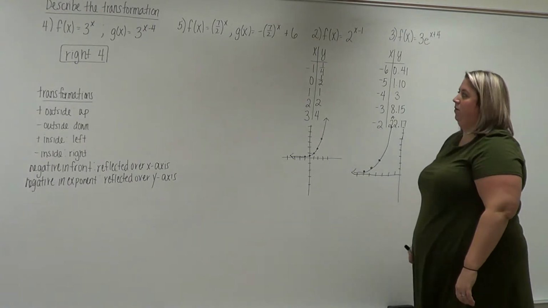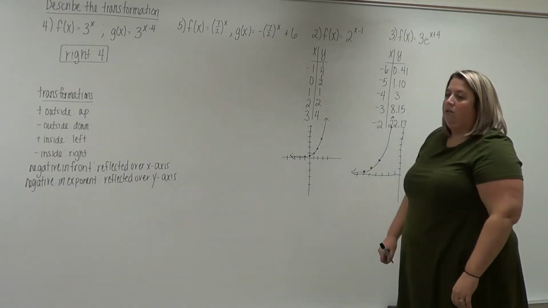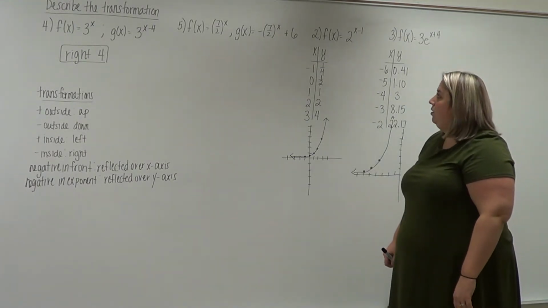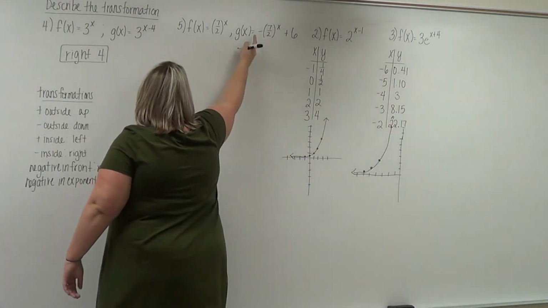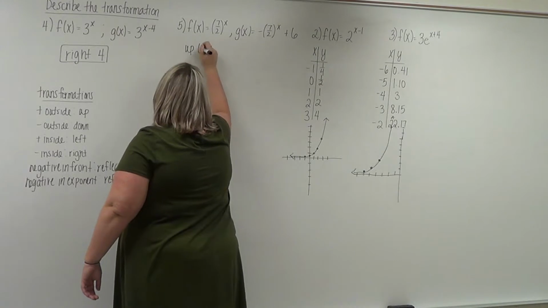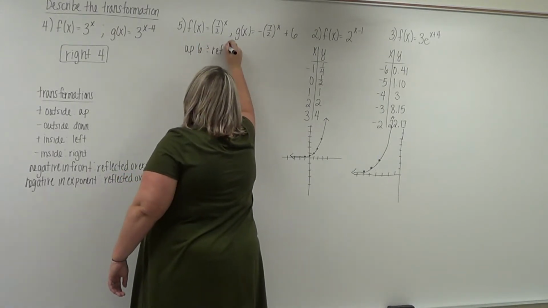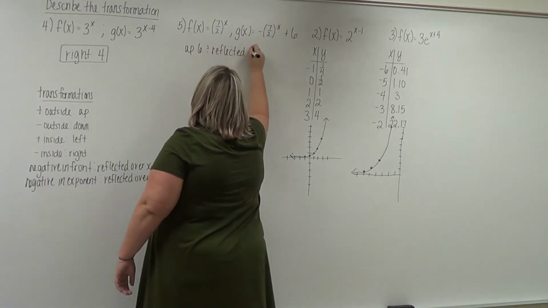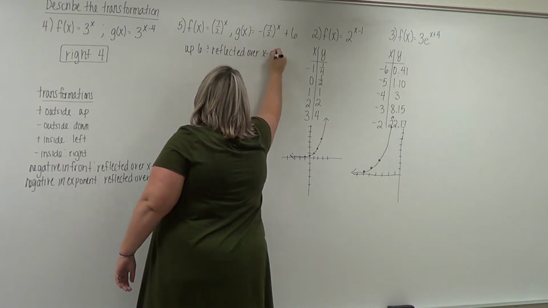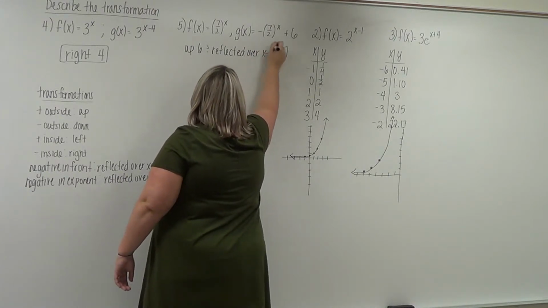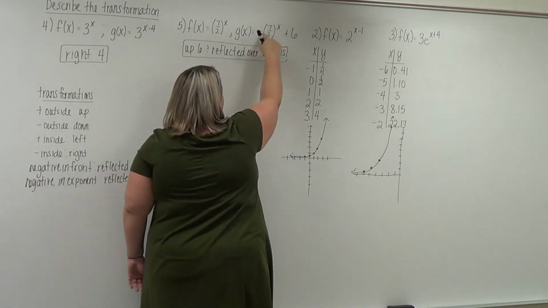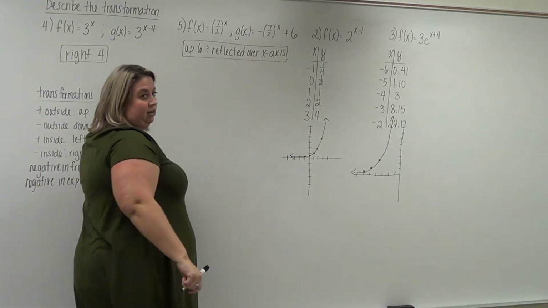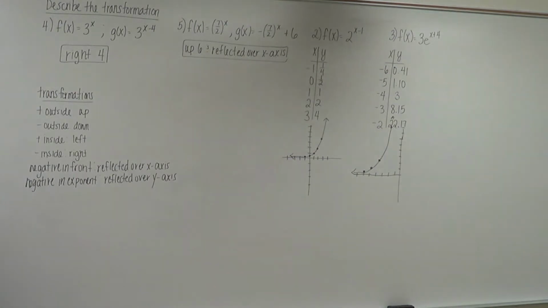So what changes on number 5? It goes up 6. What else? I also have a negative. Okay, x-axis, good. Alright, it's reflected over the x-axis. The difference between the x and the y: reflected over the x, it'll be out front. If it's the y, it'll be right up there in front of the x. Does that make sense?